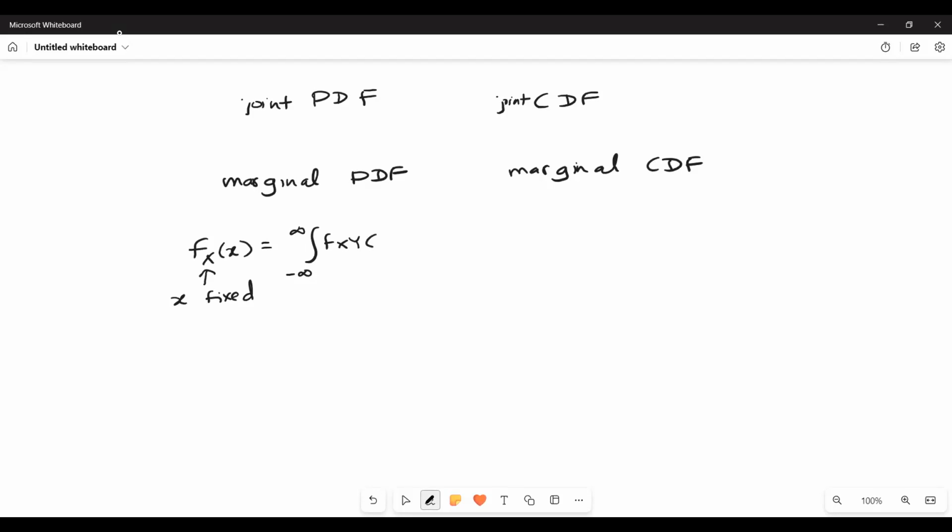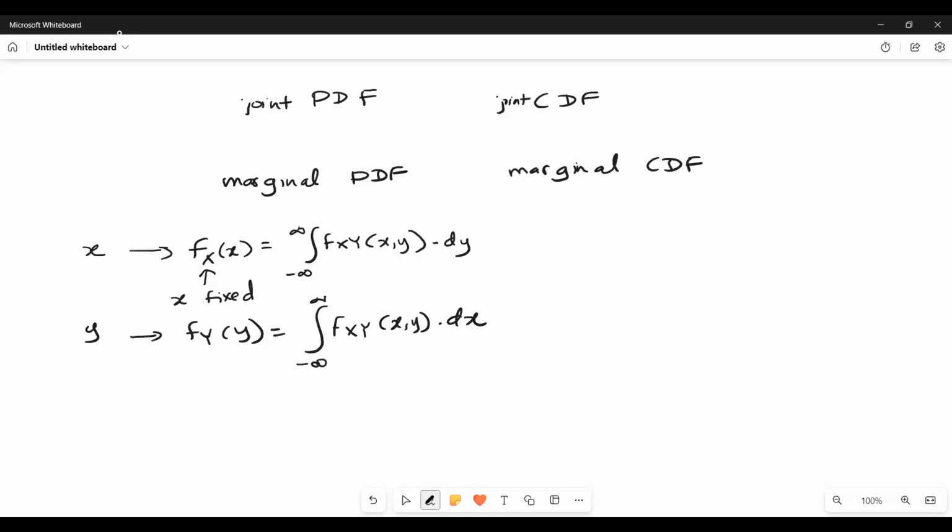Therefore, I'm going to do the integration of the joint function with respect to Y. Similarly, for the marginal PDF of Y, I will need to take the integration over the values of X. Let's say X values are from minus infinity to plus infinity. We will take the integration over the entire range of X. So this is the marginal PDF of Y, and this is the marginal PDF of X.